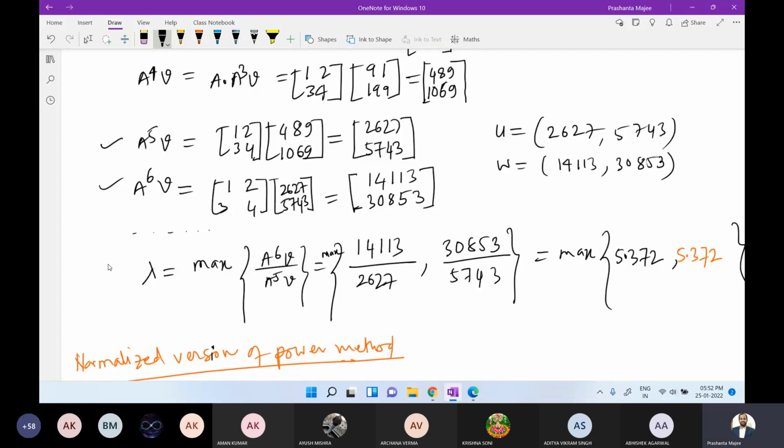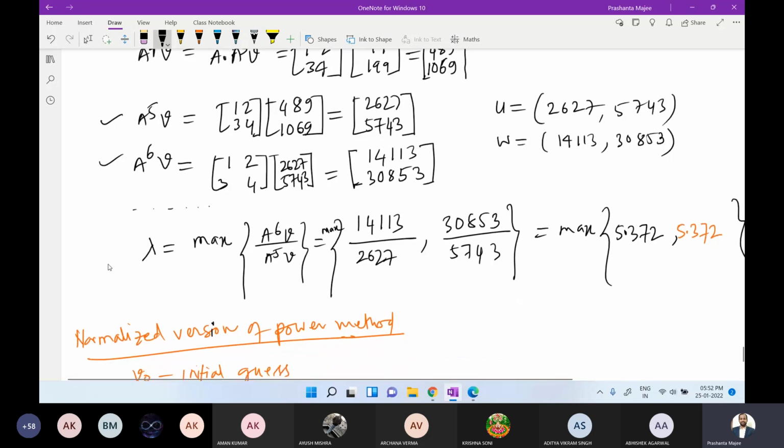So this is u, this is v. So what will be lambda? Lambda will be the ratio, the division of v by u. What is v by u? You have to take component-wise division.